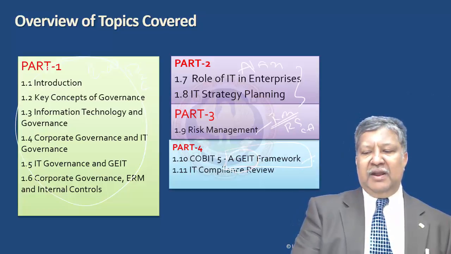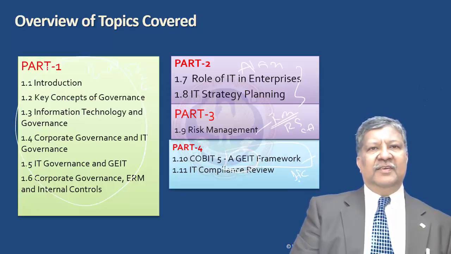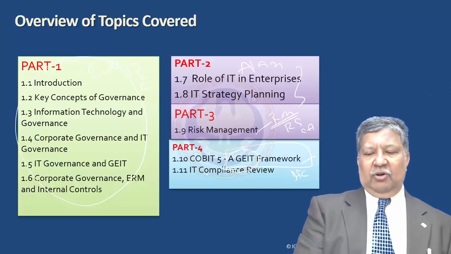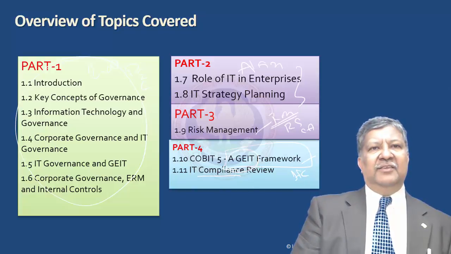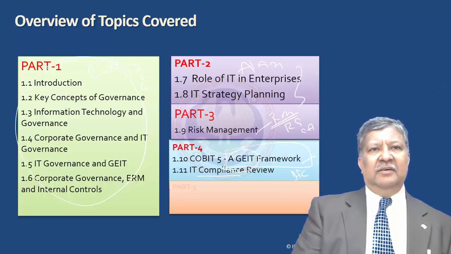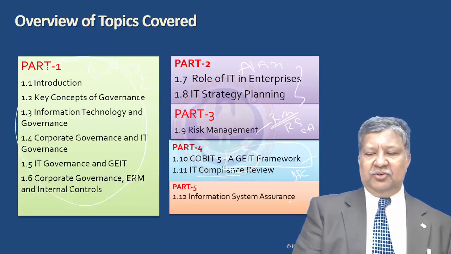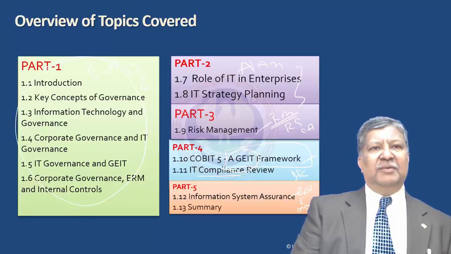And that's what is being mandated in many cases by using frameworks or controls such as ISO, SOX, Clause 49 requirements. We also saw how an IT compliance review can be done. In the last part, part 5, we saw how information systems assurance can be done, primarily for governance and management. And we are also giving you a summary of what is covered in chapter 1.